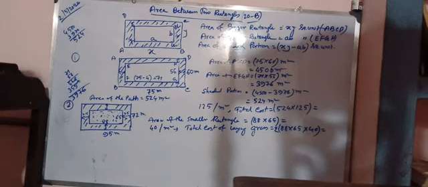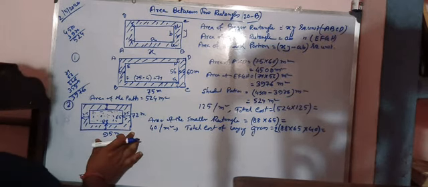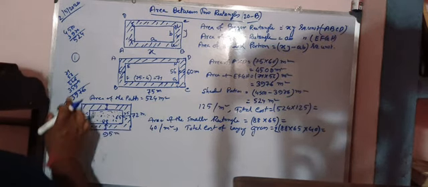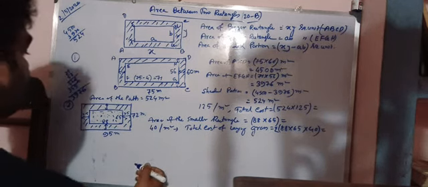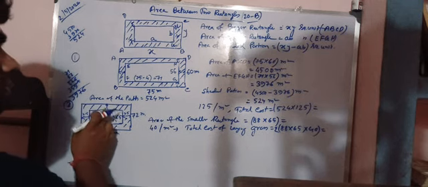Now, next come to the area of the path. Again, the area of the path is equal to the area of the bigger rectangle minus the area of the smaller rectangle.